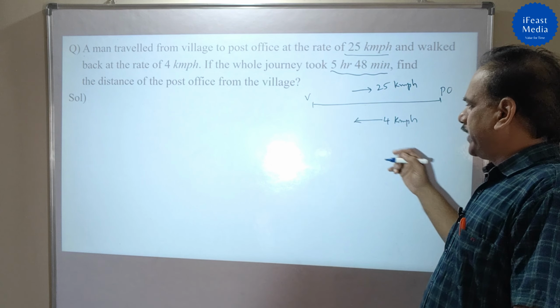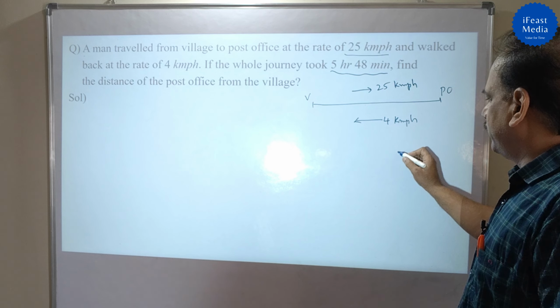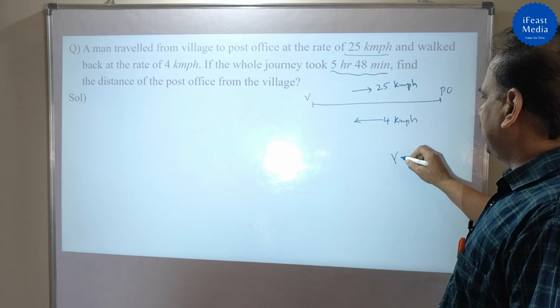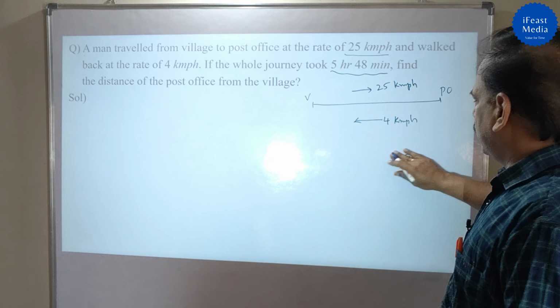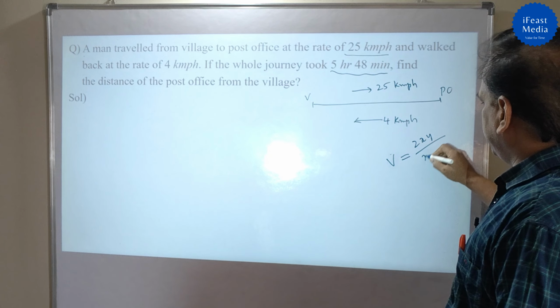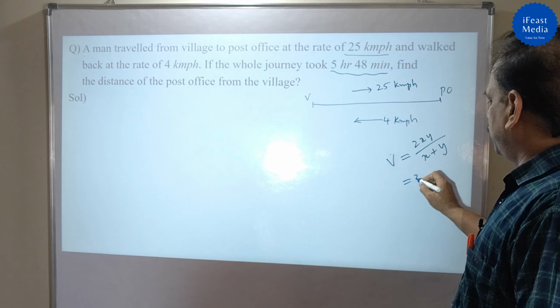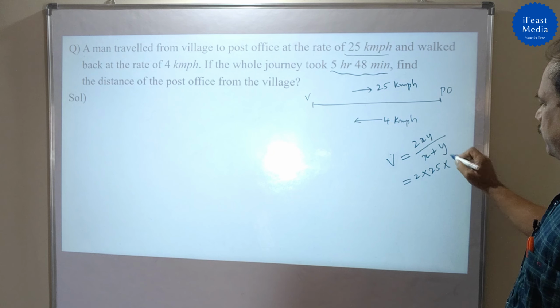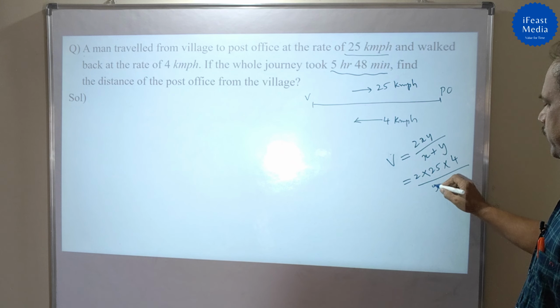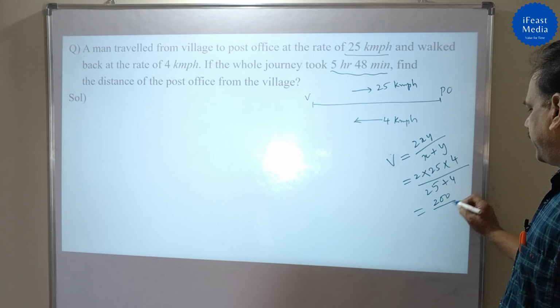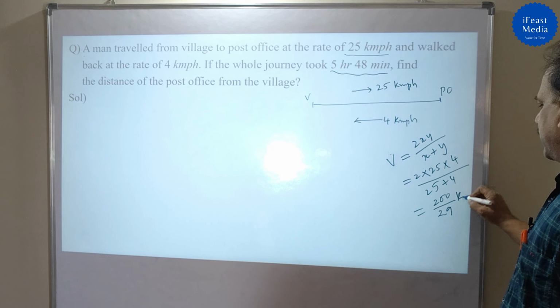I told you in the introduction, the formula for this: you have to find the average speed. What is the average speed? It is 2xy by x plus y. 2 into x is 25, y is 4, by 25 plus 4, it is 200 by 29 kmph.